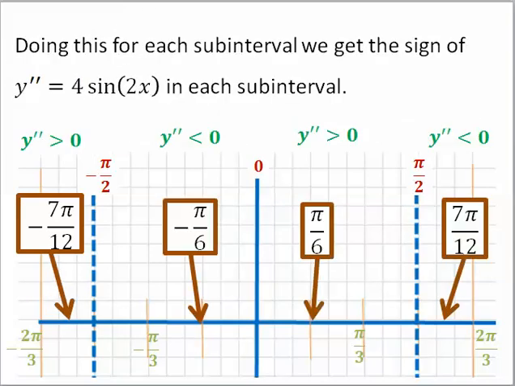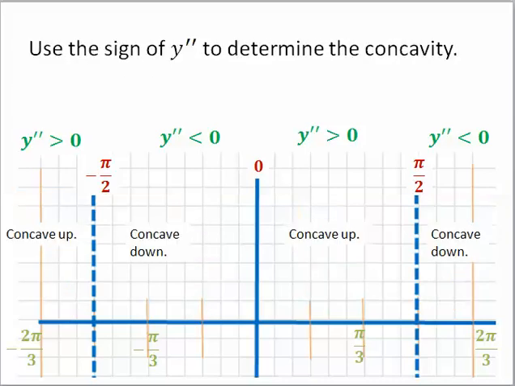Doing this for each subinterval, we get the sign of y double prime for each subinterval. If y double prime is positive, the function is concave up. If y double prime is negative, the function is concave down.